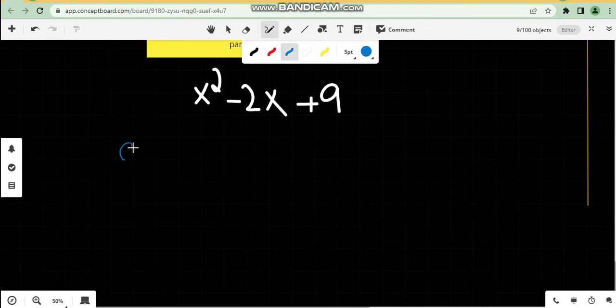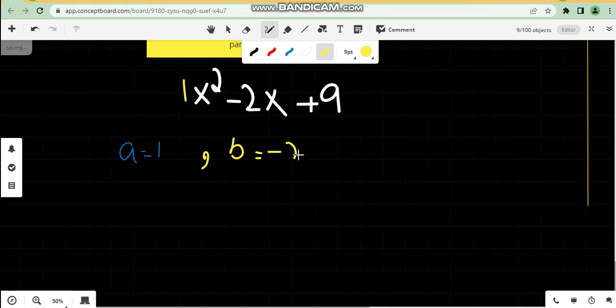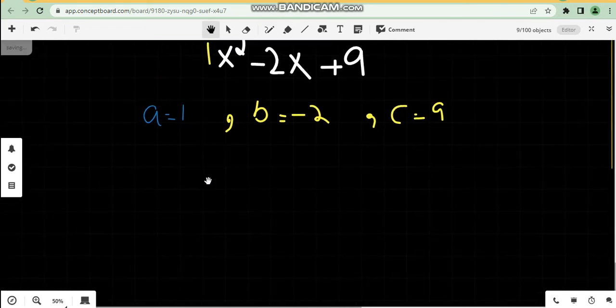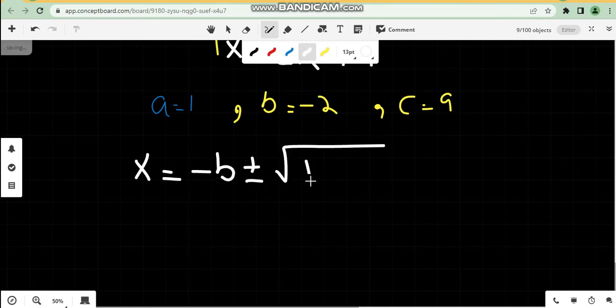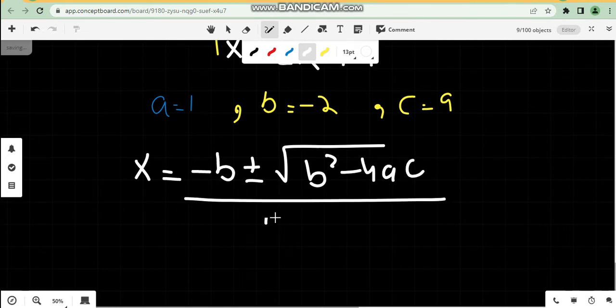A equals 1. Here no number is mentioned with x square, so that means it has 1. B is negative 2 and C is 9. I will use the quadratic formula here: x equals minus b plus minus square root of b square minus 4ac divided by 2a.